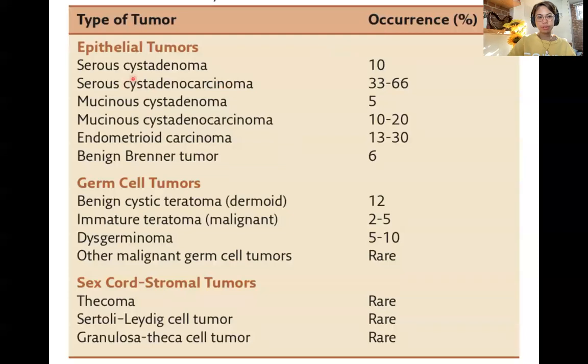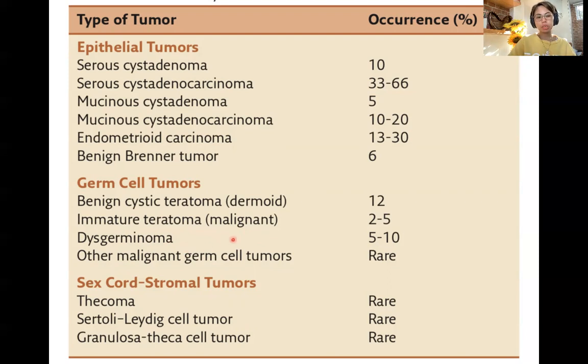It is specified in this table, the benign and the malignant counterpart. Now, benign cystic teratoma is benign, but you have to look at the squamous component because squamous carcinoma can arise from there. The immature teratoma is the malignant counterpart.